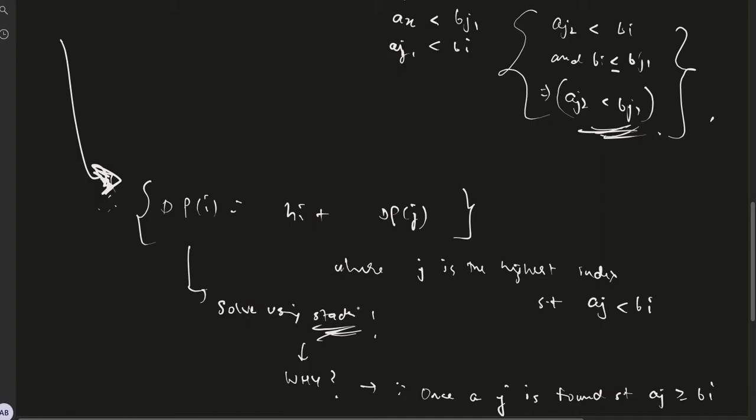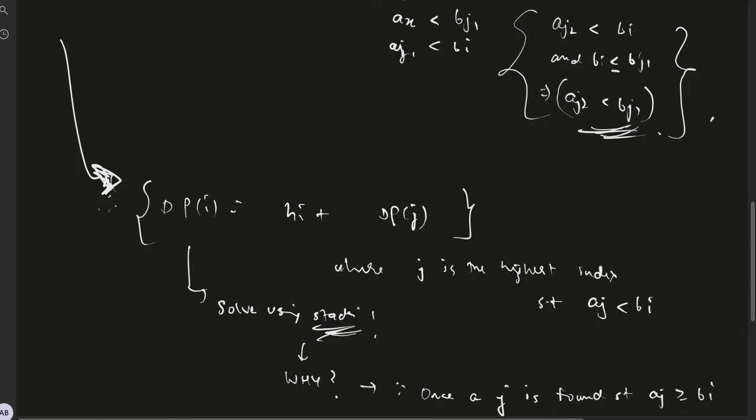for every j, once we have established for the current I that aj is greater than or equal to bi, that renders the jth ring useless, because for every I dash greater than I, aj greater than or equal to bi dash would hold true always if aj greater than or equal to bi holds.